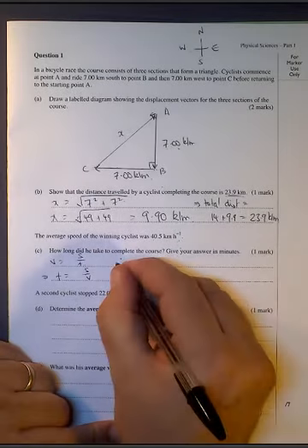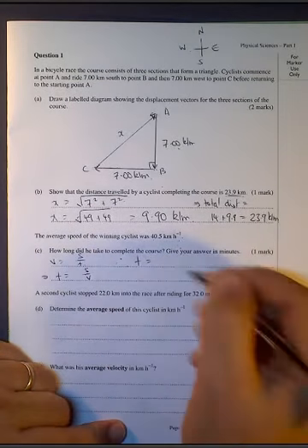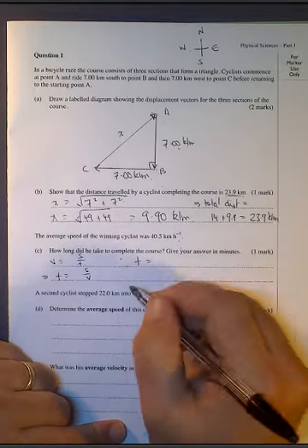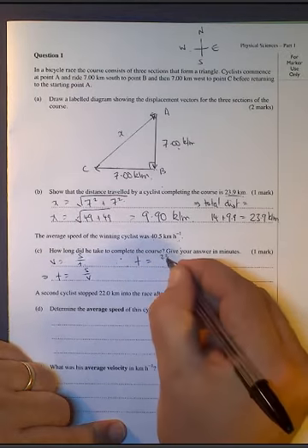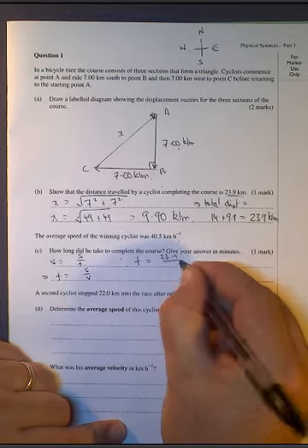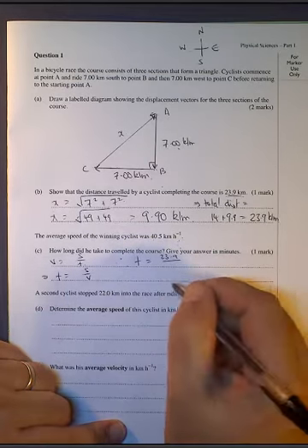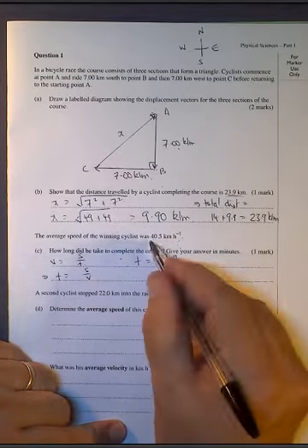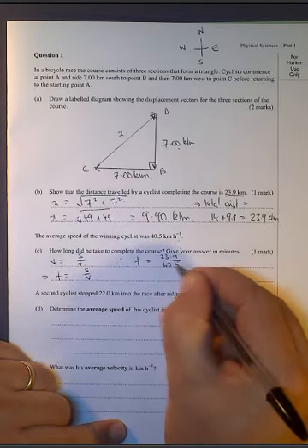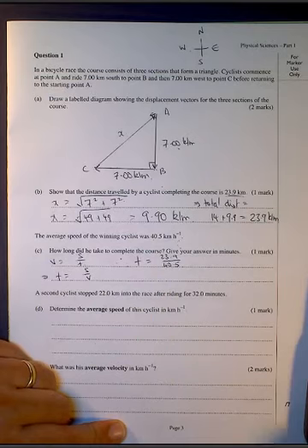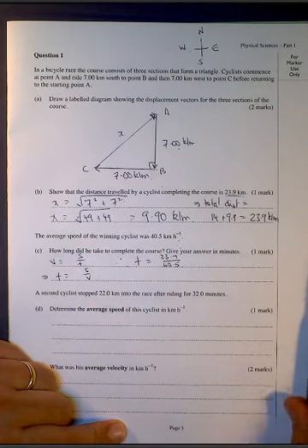Therefore we get time is equal to the distance, 23.9, divided by the velocity, or the speed in this case, 40.5. 23.9 divided by 40.5 equals 0.59.